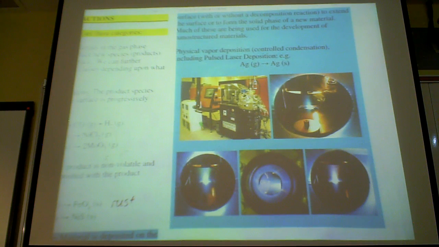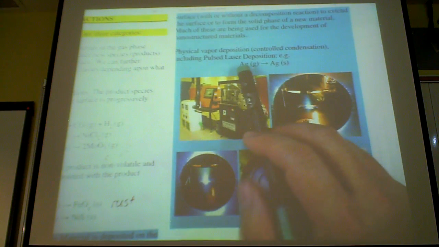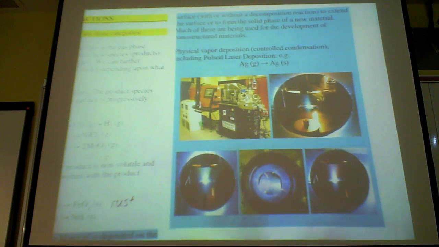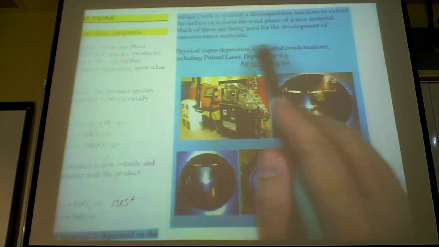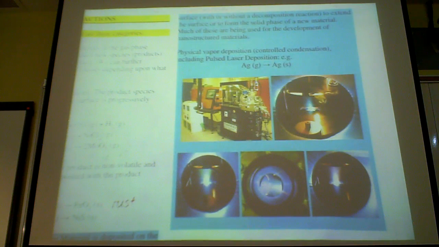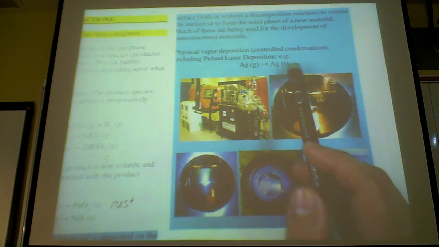It generates a vapor of these silver atoms, and then I expose this silver vapor onto my substrate. This silver vapor would then condense in a controlled way, controlled condensation, to become silver solid.